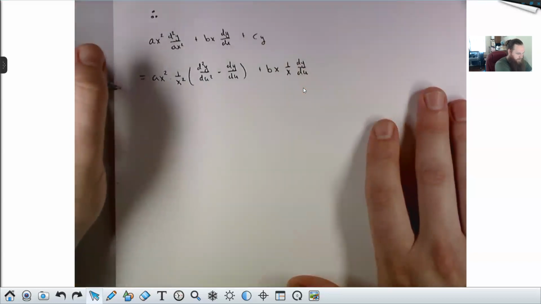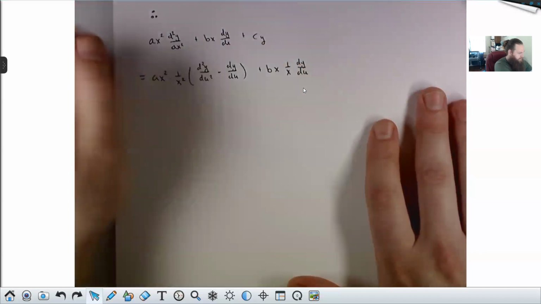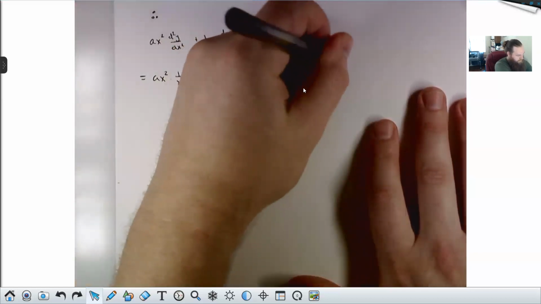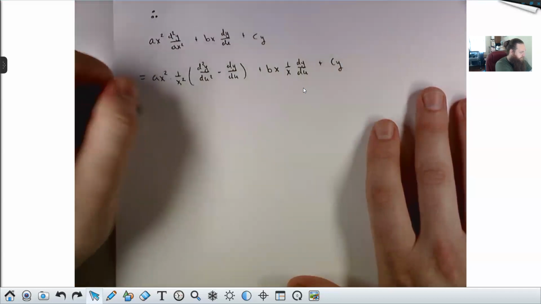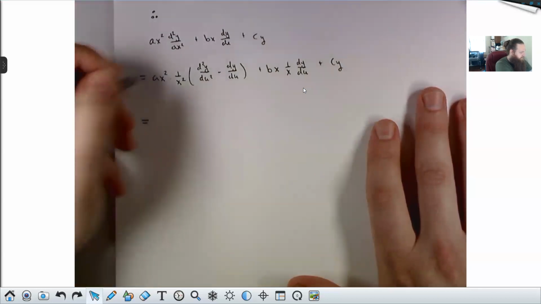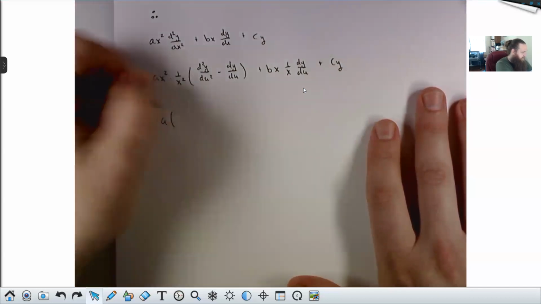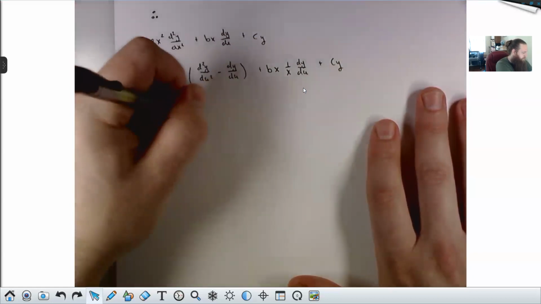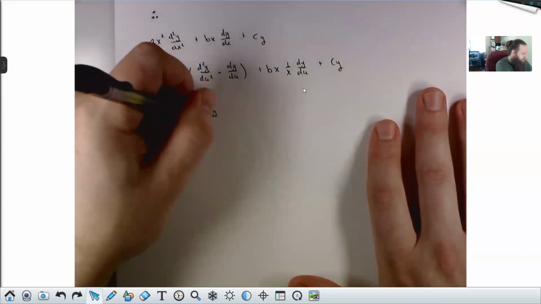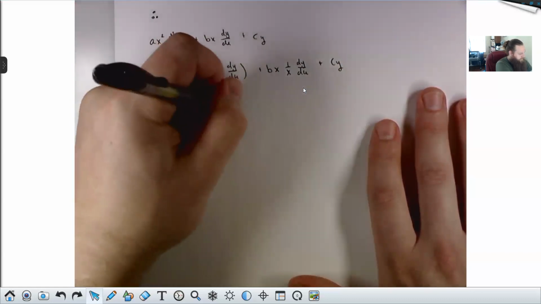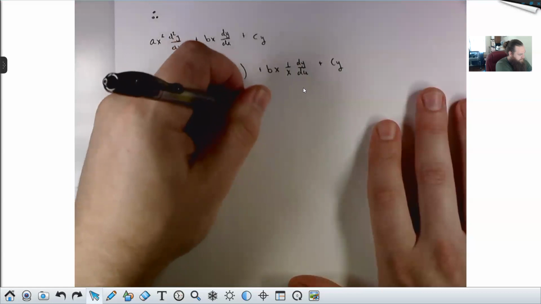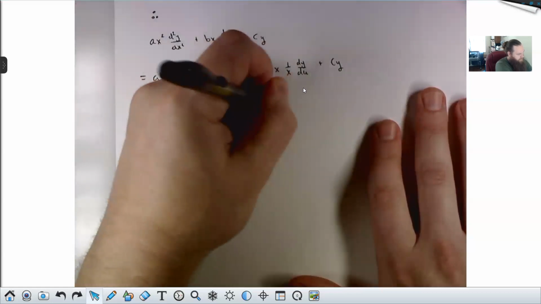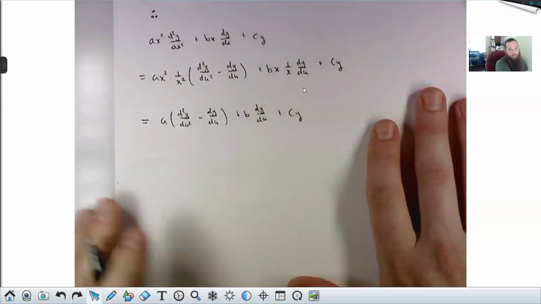And then your plus cy is just chilling. That's still plus cy. And of course, the magic is that the x's cancel. This is a times d2y/du squared minus dy/du plus b times dy/du plus cy.